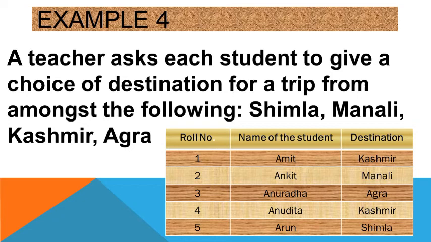Like the teacher notes the marks of the students in rows and columns, that is also a table. The teacher takes your attendance in the class, that is also a table. Hence, whenever we are writing or recording the data in the form of rows and columns, that is tabulation of data.